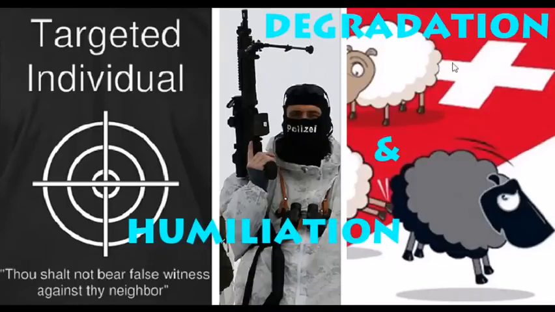So here it says degradation and humiliation. You know, if you get arrested all the time and being targeted, this is degradation and humiliation. And actually all the 8 numbers of Biedermann's chart of coercion, they're all here.